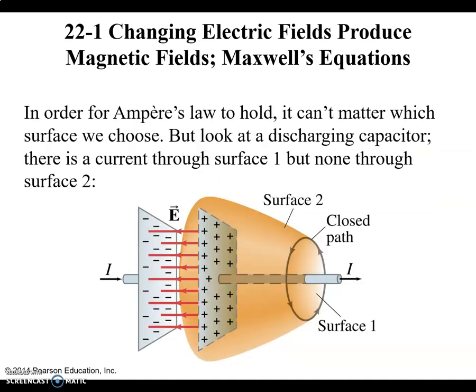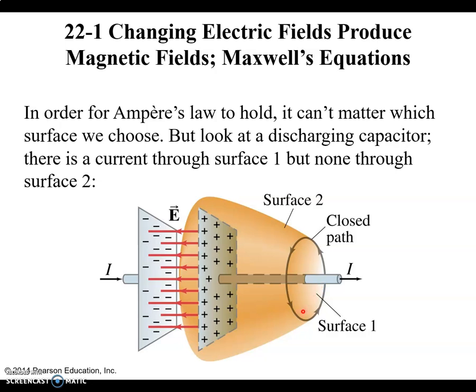But now consider this shape where you have a capacitor with a current coming out of the positive terminal and going into the negative terminal. We can do exactly the same thing that we did in the last figure, drawing a path around current I. Ampere's law holds, and we can calculate the magnetic field around this path based on the current.